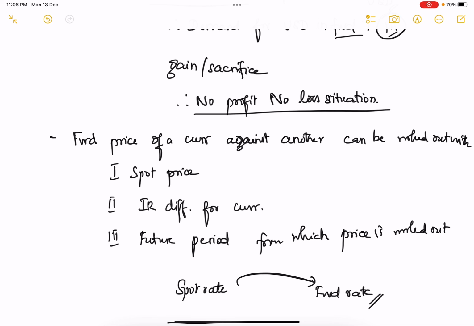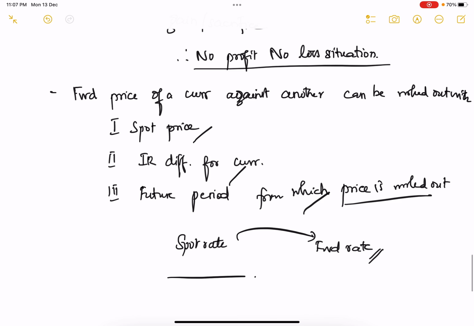And also we have seen that the forward price of a currency against another can be worked out with the spot price, interest rate differentials for currencies, and the future period from which the price is worked out. So this future price which we have worked out does not necessarily indicate the exact future price of a currency. So that we have to keep in mind.